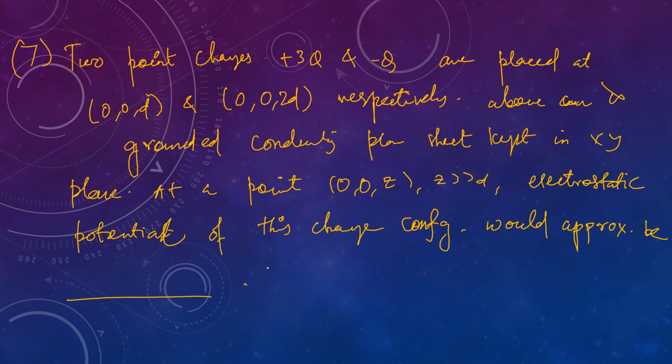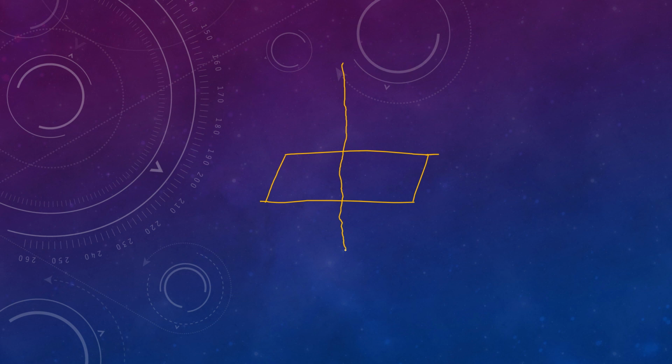So let's draw the diagram first. Minus q is at (0, 0, 2d). 3q is at (0, 0, d).